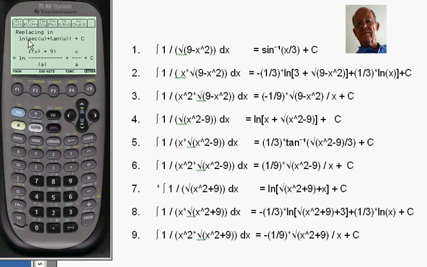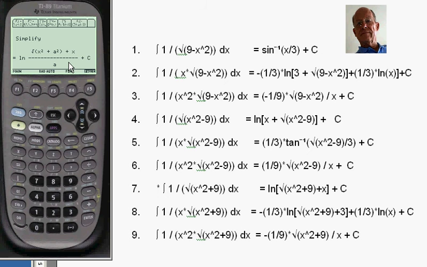And we replace it in the rule, and we have log of square root of x squared plus 9 over absolute a in the denominator, plus x over a, and plus c.